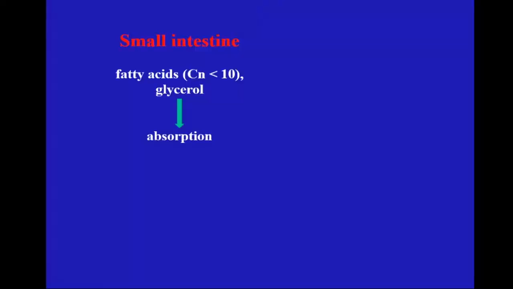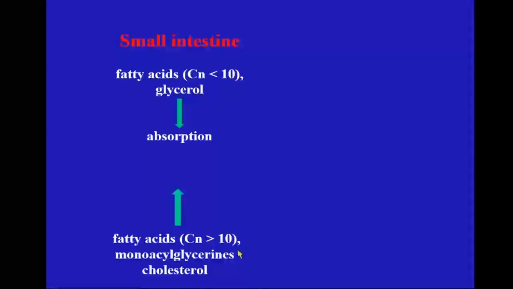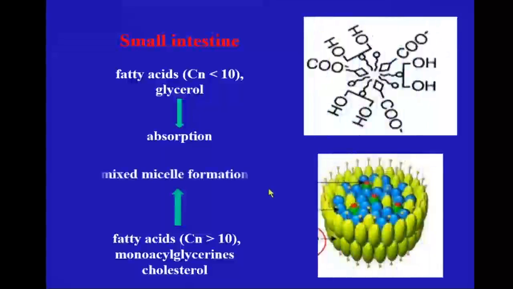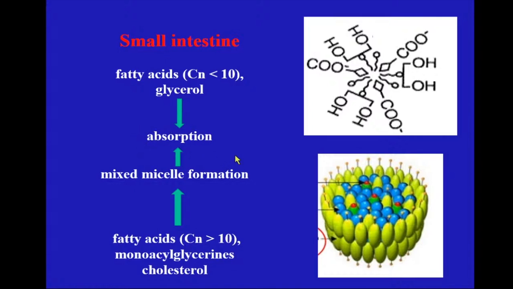Also fatty acids with a short chain, with fewer than 10 carbons, can pass through the intestinal wall by themselves because they are water soluble. But longer fatty acids with more than 10 carbons, together with monoacylglycerols and cholesterol, must form mixed micelles, and only after this can these mixed micelles be absorbed into the enterocytes.